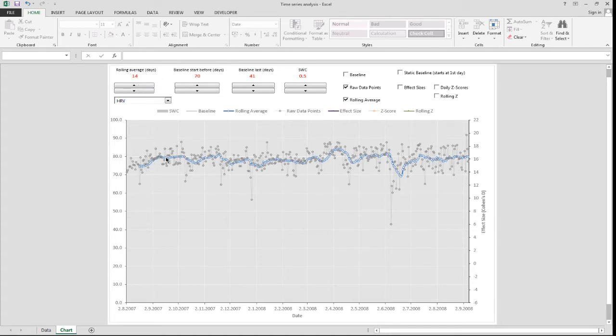Without seeing a lot of data points, we can see a progression by using a simple rolling average. And a simple rolling average is, for this point, we take the last 7 measurements.